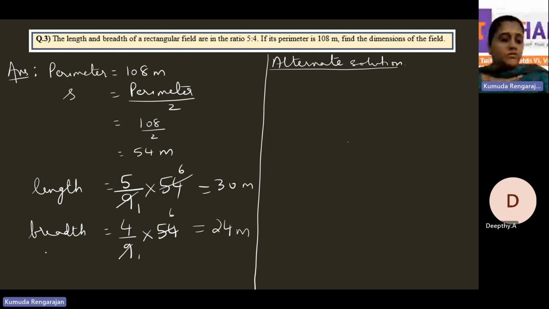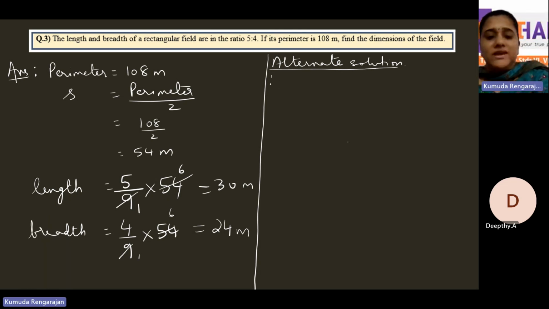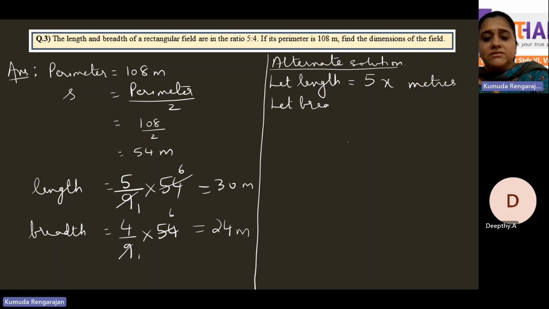So now the alternate solution. Here we say let length be equal to 5x meters and let breadth be equal to 4x meters.